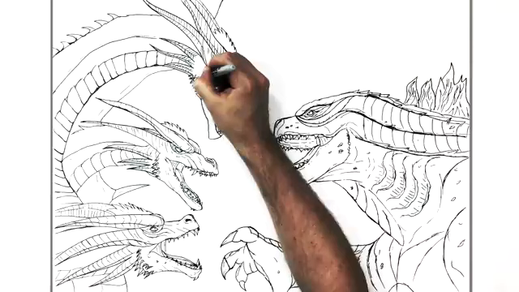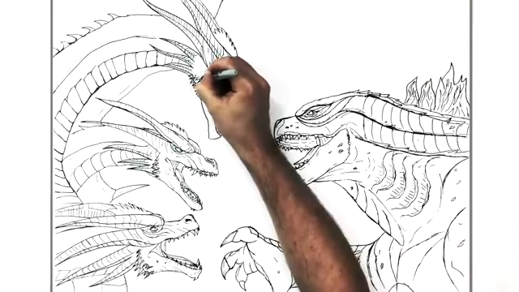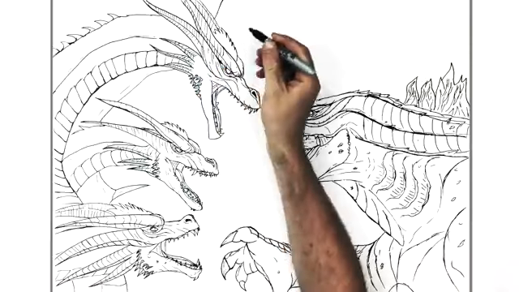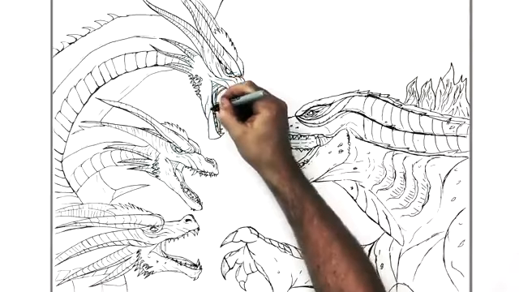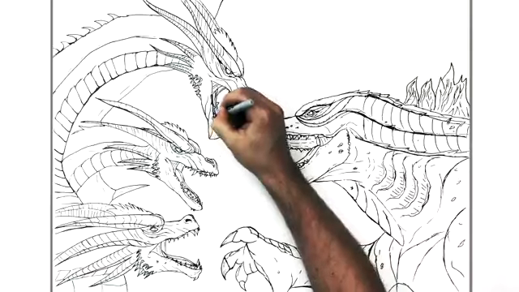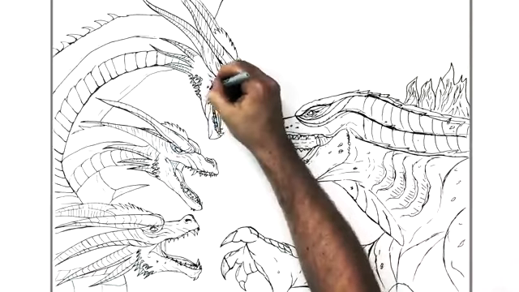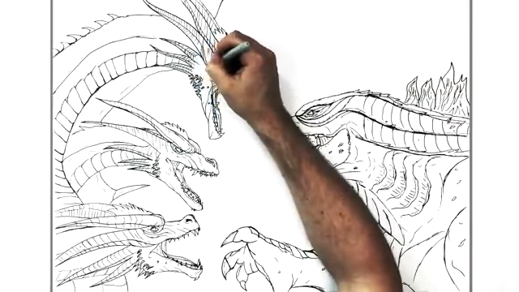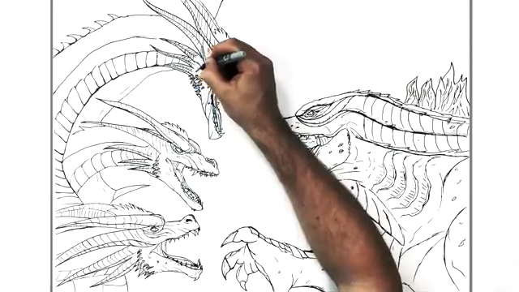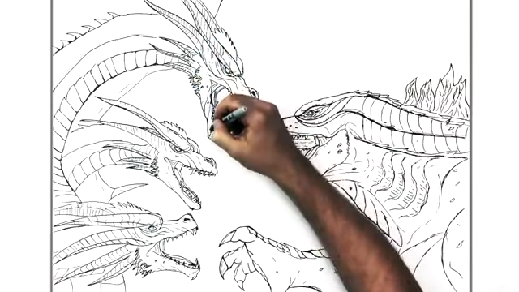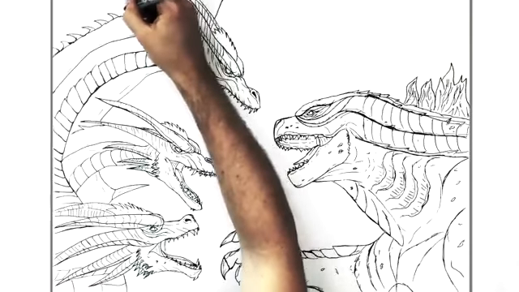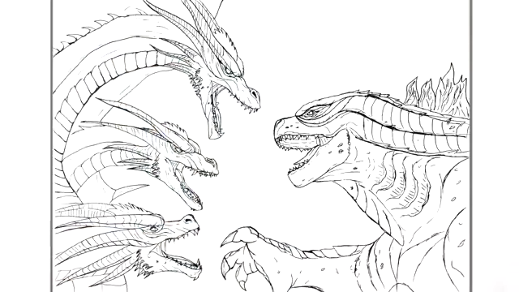So just these sorts of spikes, and some details just to his skin on his bottom lip here as well. Right. Now we're done. Okay.